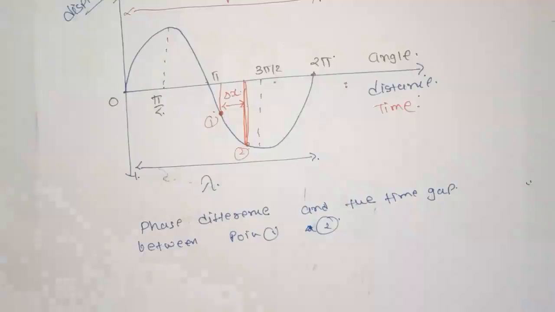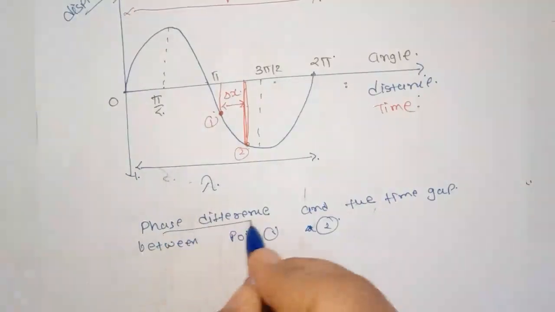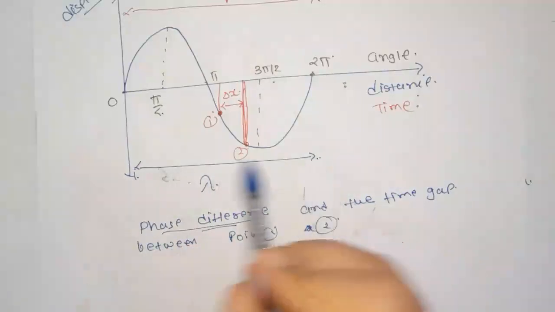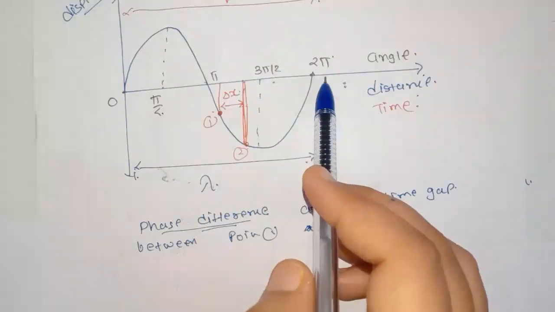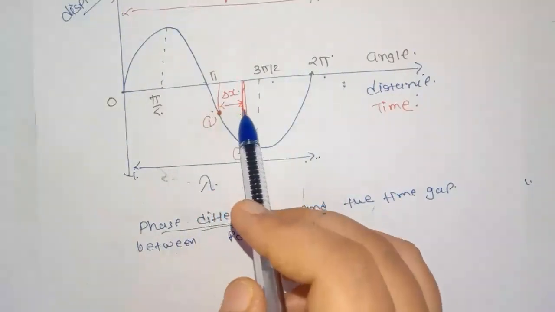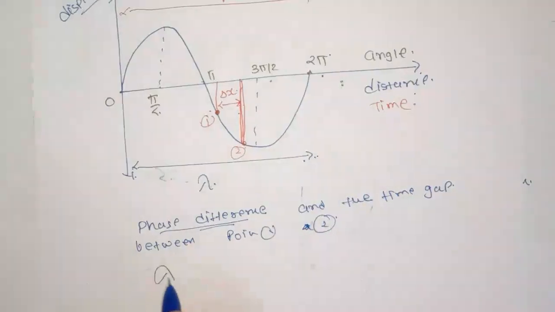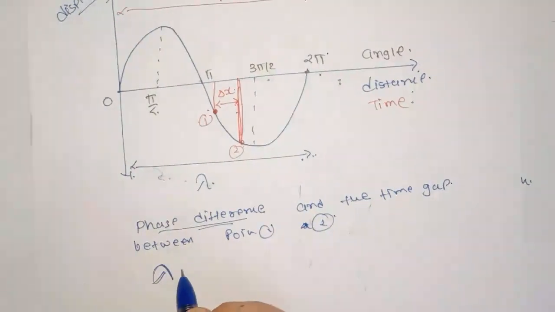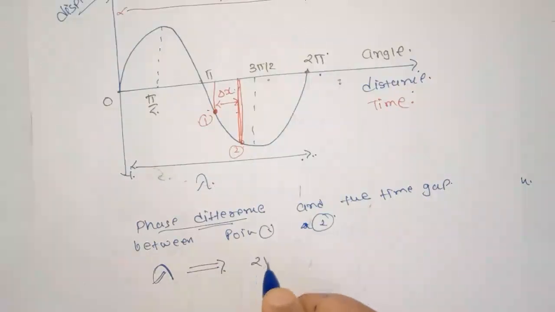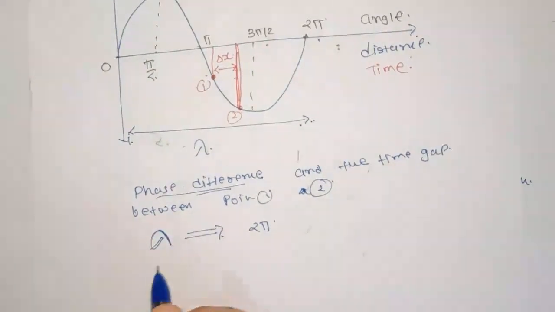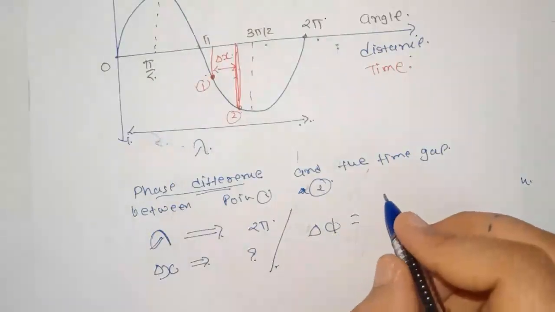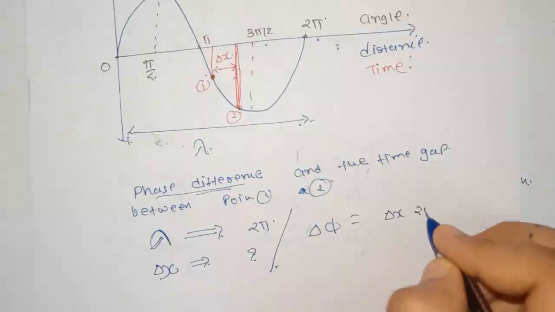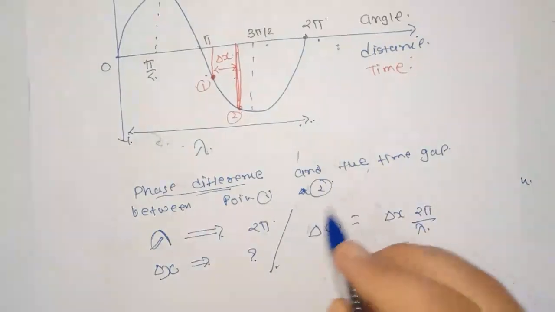Let us first find the phase difference. For the path difference of lambda, the phase difference is 2 pi. Then what will be the phase difference for the path difference delta x? So we can write it in unitary method. So phase difference delta phi will be equal to delta x into 2 pi by lambda.